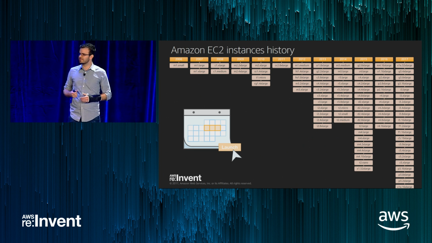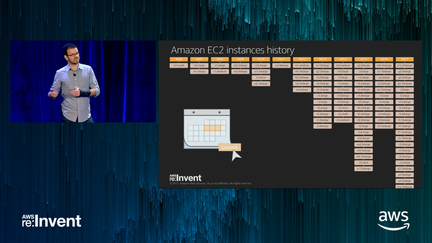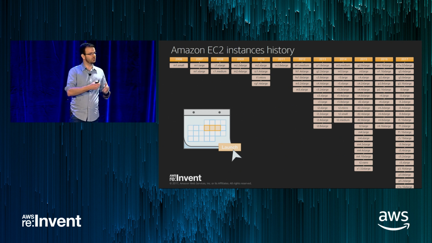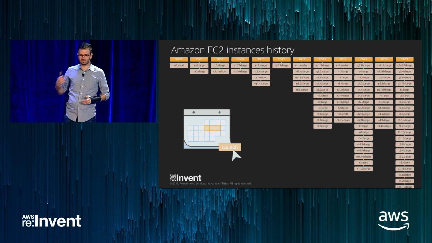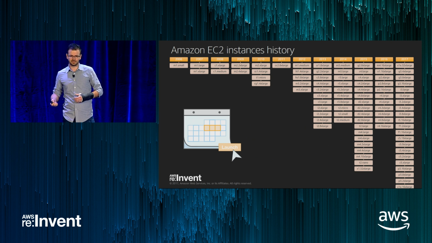This was also the instance where we introduced hardware-assisted virtualization, which really enables you to get the best possible performance out of your EC2 instances and lets us expose more of the physical hardware of the machine to your instance. So it's a really big change and enabled a lot of the things that I'm going to talk about here.